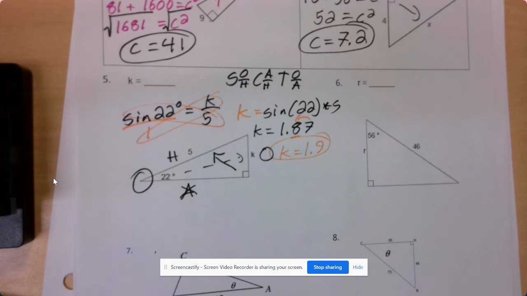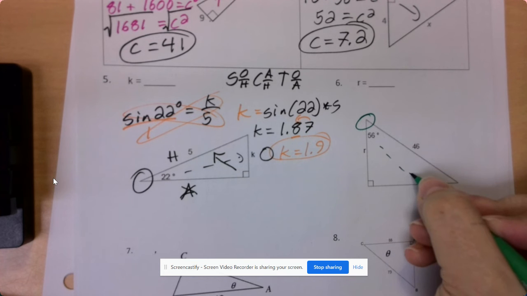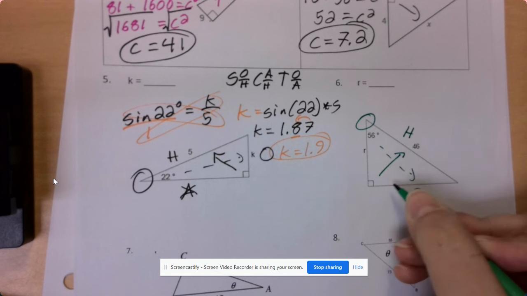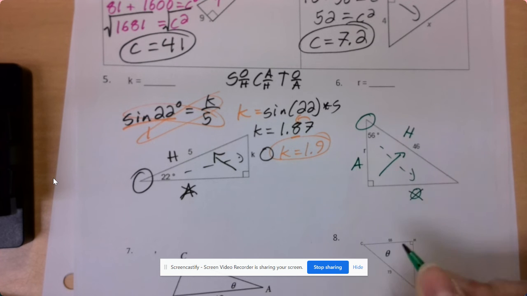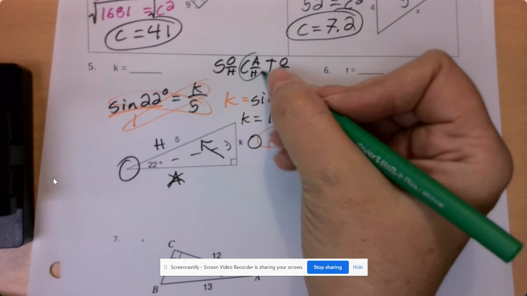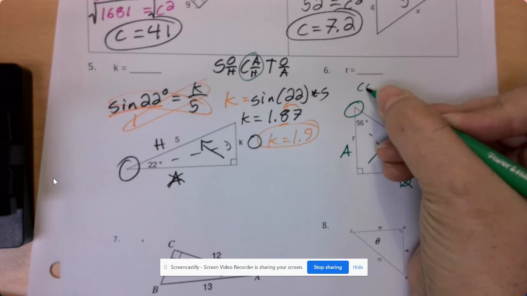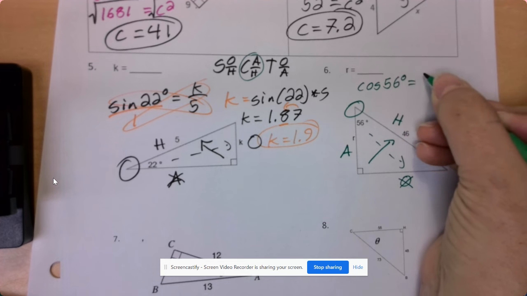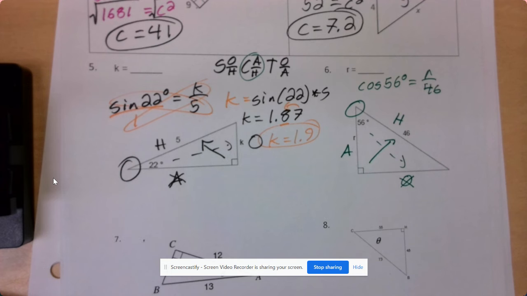Okay, so on the next one, diagonally across from the right angle is the hypotenuse, right next to it is adjacent. There's nothing here for opposite, so I'm going to use cosine. Adjacent over hypotenuse. Whole numbers over 1.